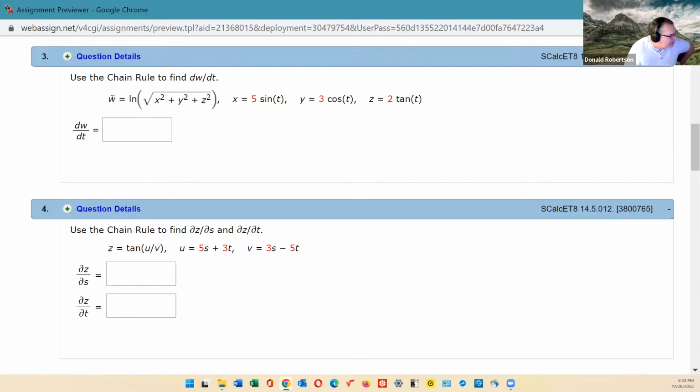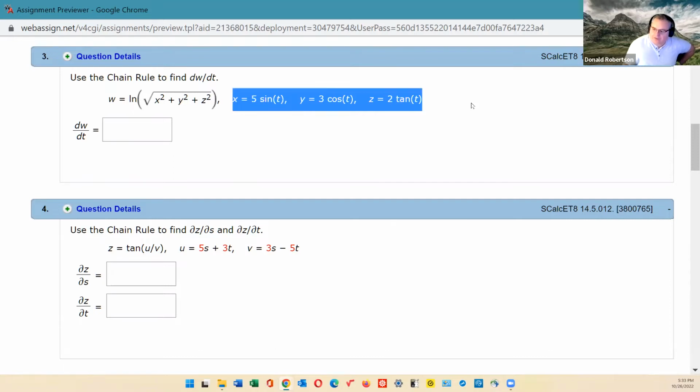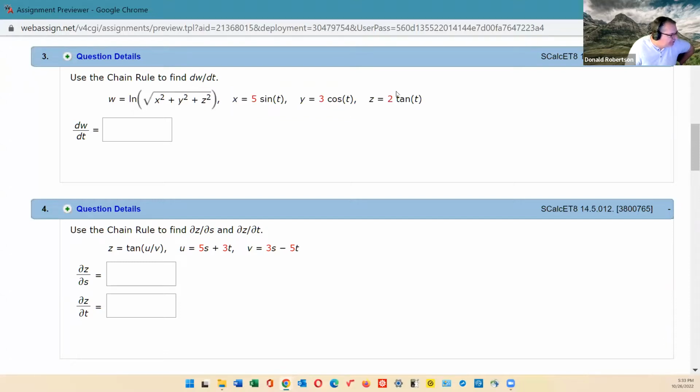The reason is that w is a function of three variables, yes. But aren't those three variables also in terms of t? So if I replaced this entire expression with these three guys here, wouldn't w just end up being a function of t? Yes. And because it's only a single variable, it gets a d.